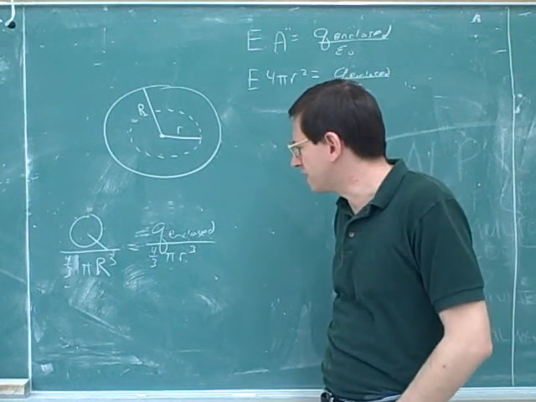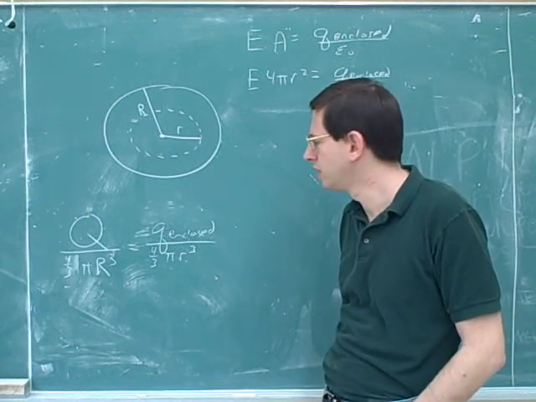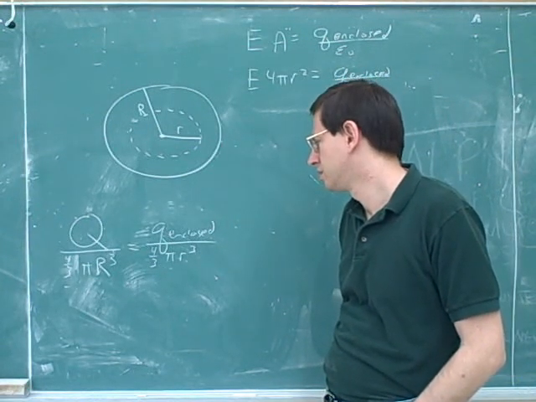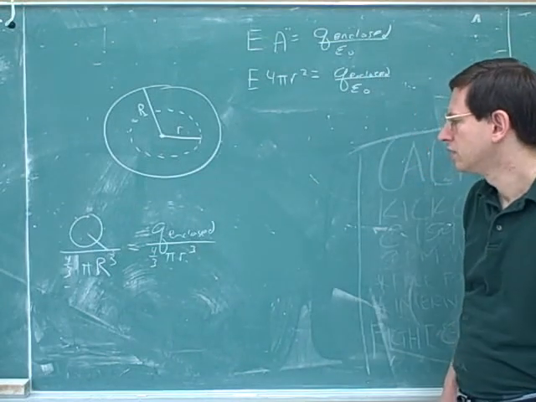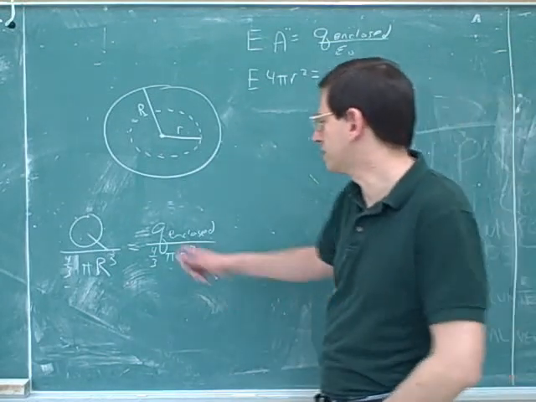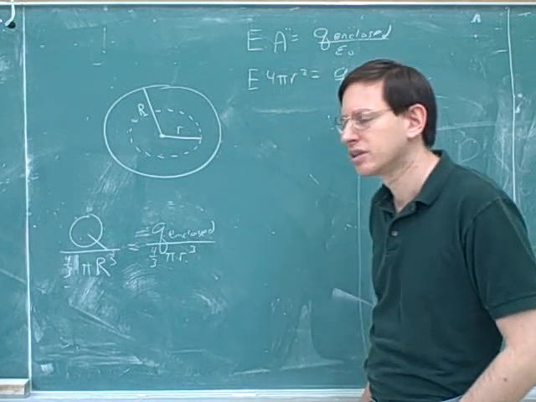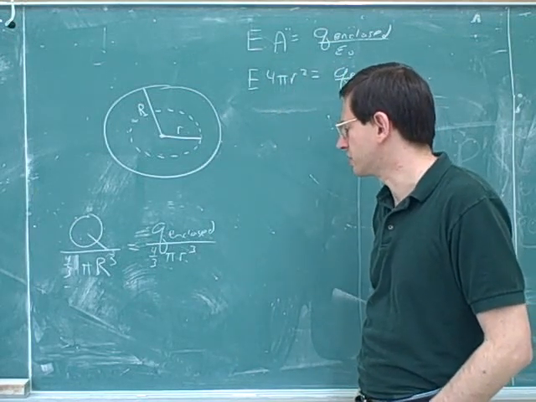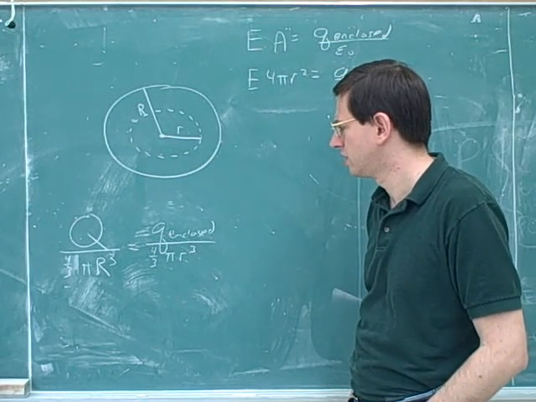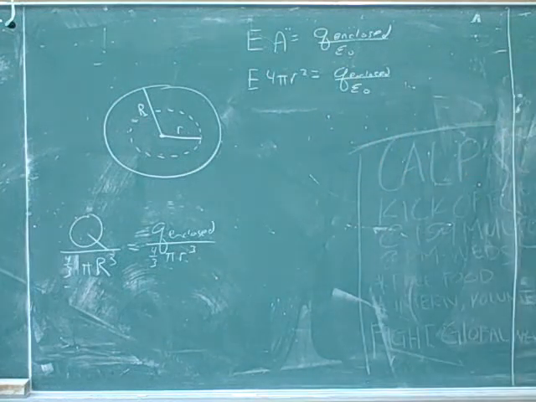There's a couple things we can do now to simplify this equation. What we want to do now is solve this for the charge enclosed. How can we solve this for the charge enclosed? Yeah, that would work.